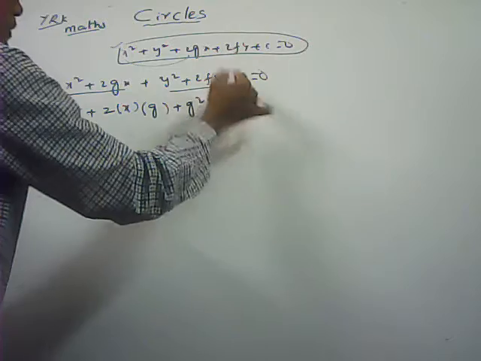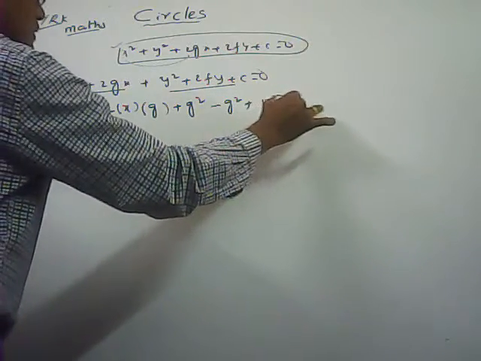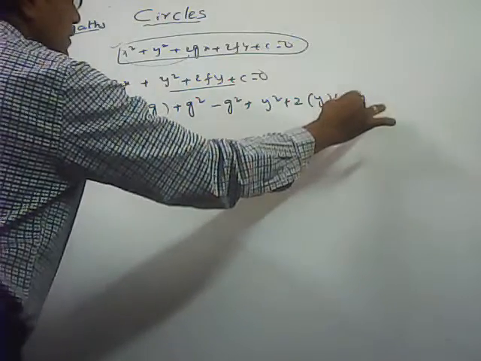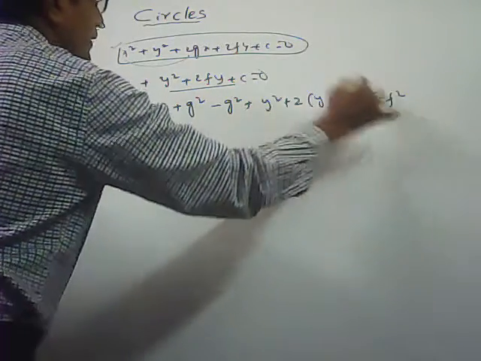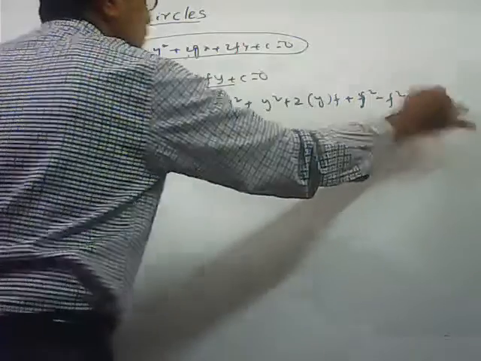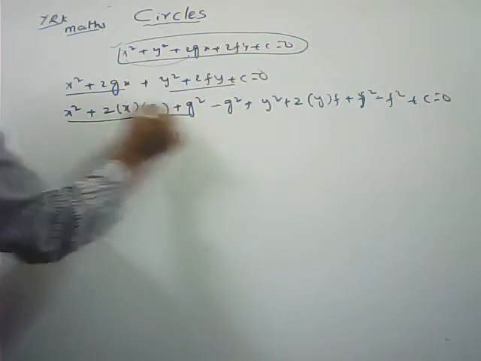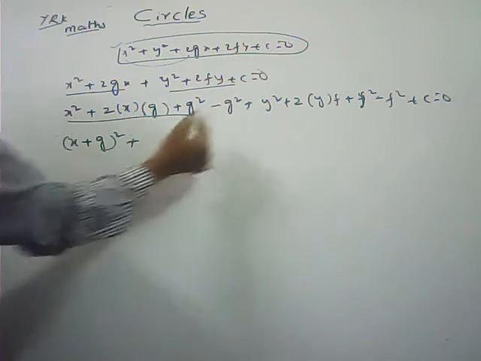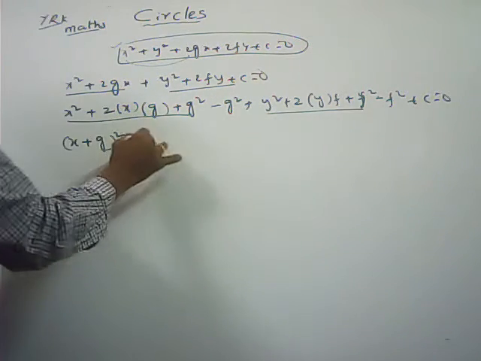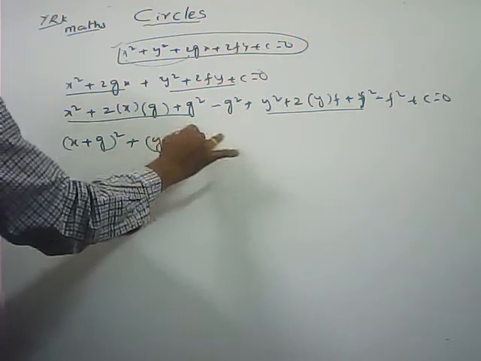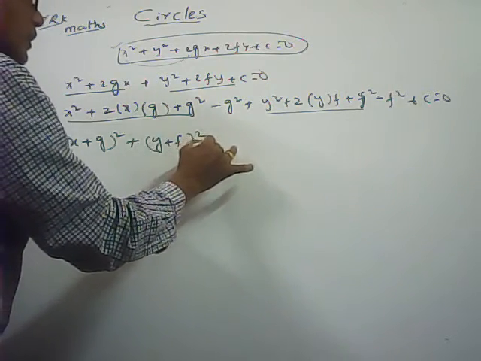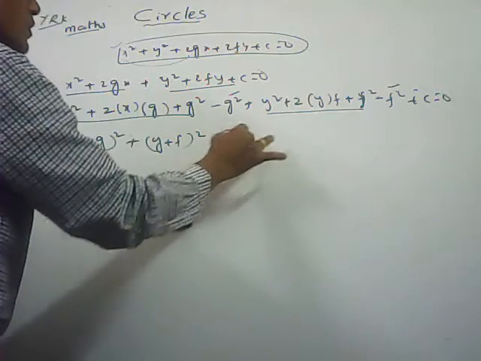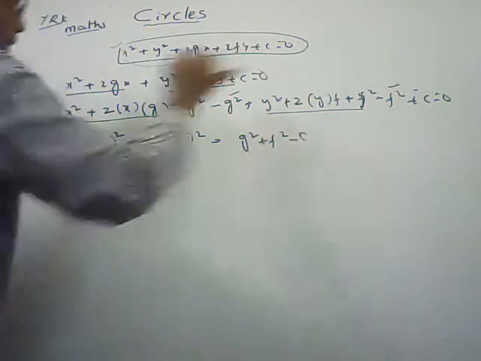Here this one is also the same. y square plus 2yf plus f square minus f square plus c is equal to 0. So instead of these 3 terms, we can write (x plus g) whole square, plus in the place of these 3 terms we can write (y plus f) whole square, is equal to the rest of the terms transferred to that side, g square plus f square minus c.